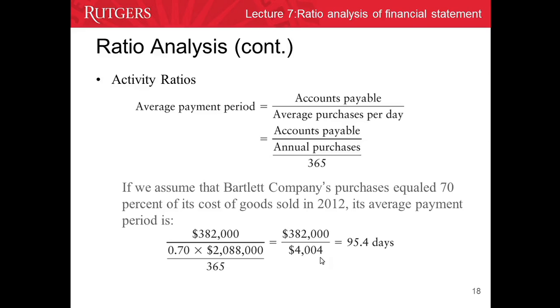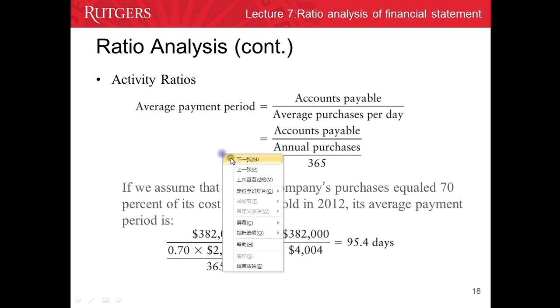In the two statements of Bartlett company, we don't know the annual purchases, but if we assume that the Bartlett company's purchases equal 70% of its cost of goods sold in 2012, then we can get the average payment period.